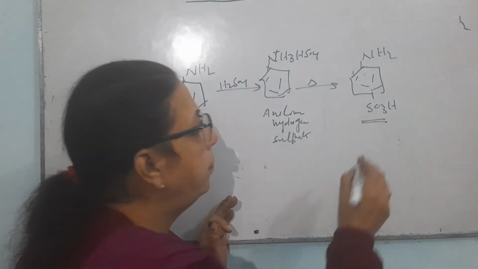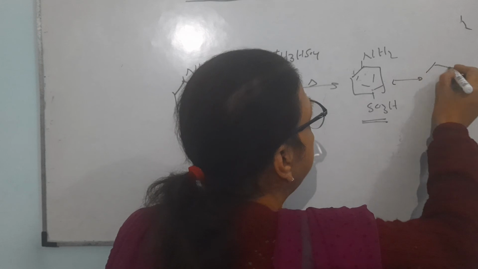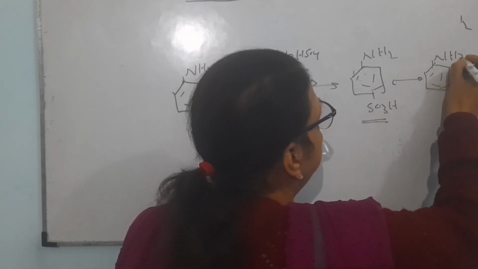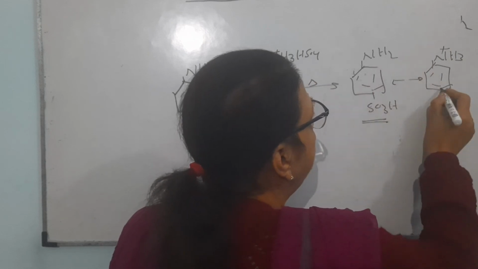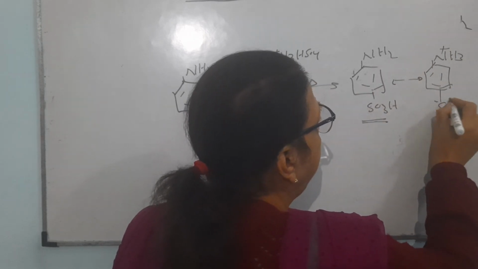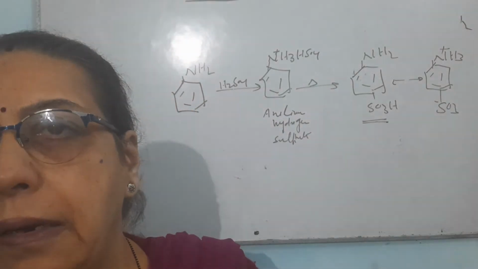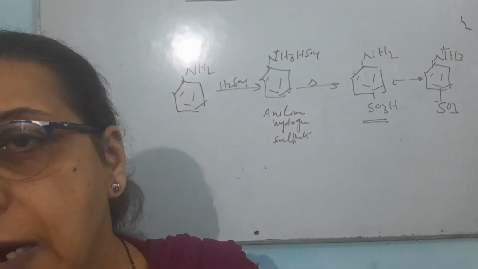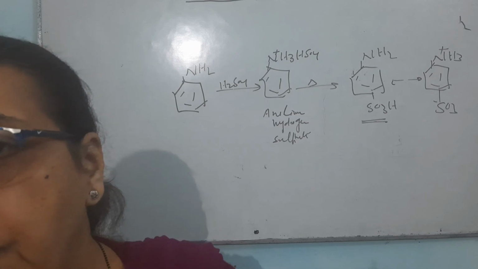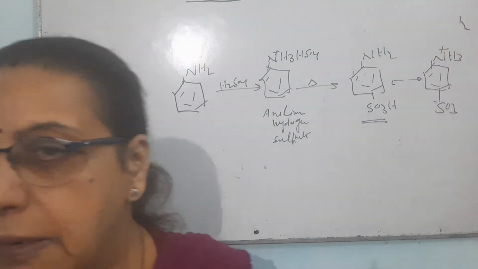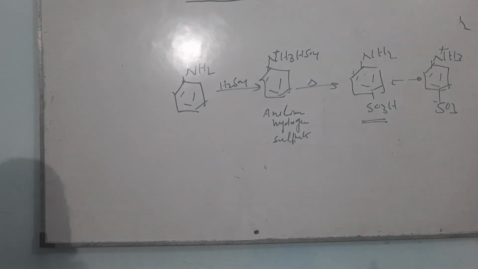Very important term. How will it form? This will be NH3 positive. One of the hydrogens will be migrated from here and SO3 negative. So this is a dipolar ion. There is a migration of one of the hydrogens from SO3H towards NH2, and it is known by the name of zwitterion.